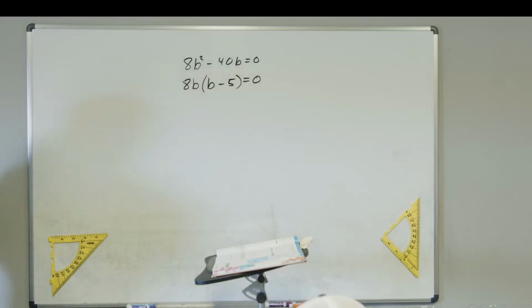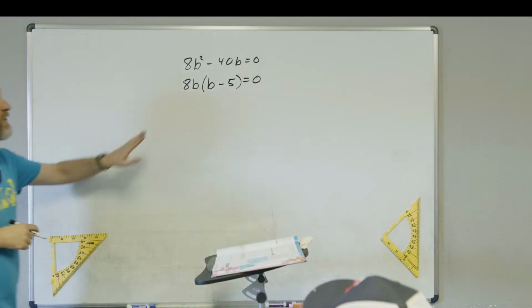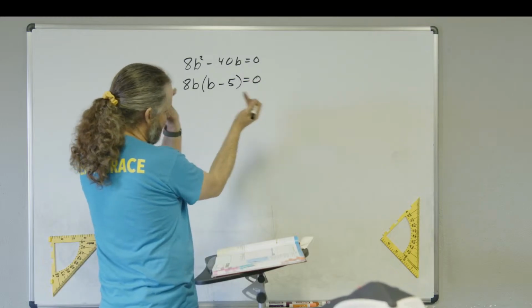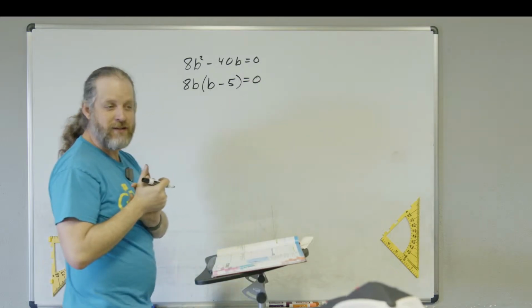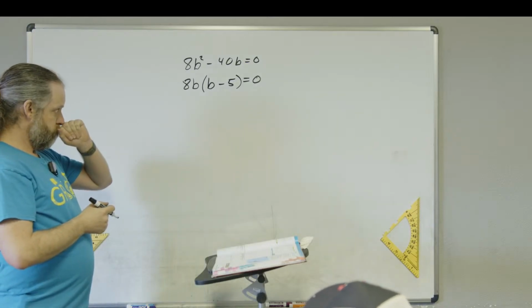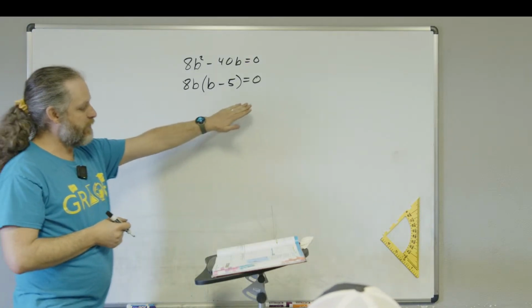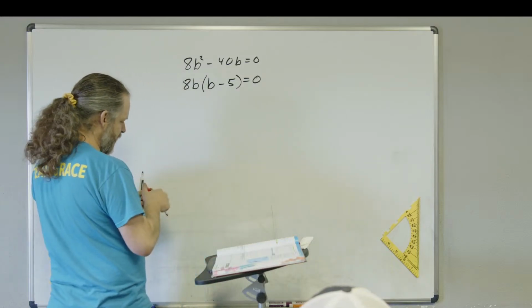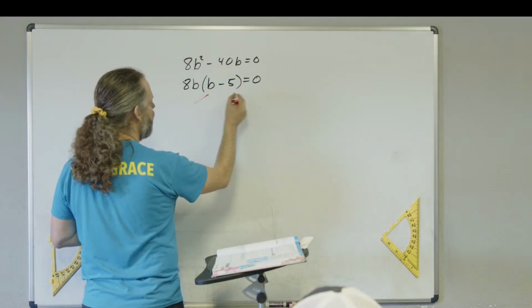Now, the zero product property says that if it's completely factored, which it is, so there are no pluses in between the parentheses, the only pluses are stuck inside parentheses. It's completely factored and it's equal to 0. What we can now do is set each factor equal to 0.